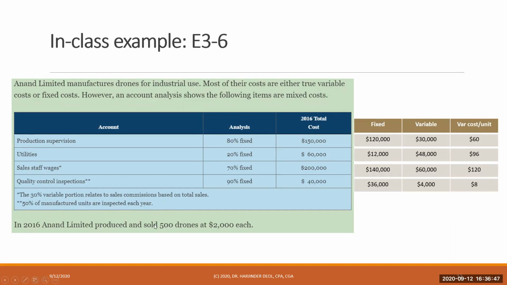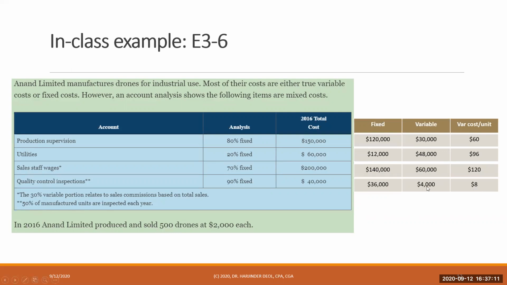So if we produce 500 drones, half of the 500, 250 drones, will have been inspected. But really, that is more of a red herring for us, because we can simply calculate the variable cost per unit based on the number of units produced, and that'll be easier for us to work with.